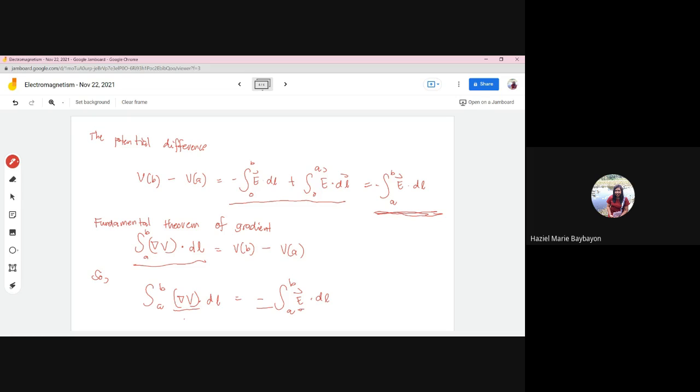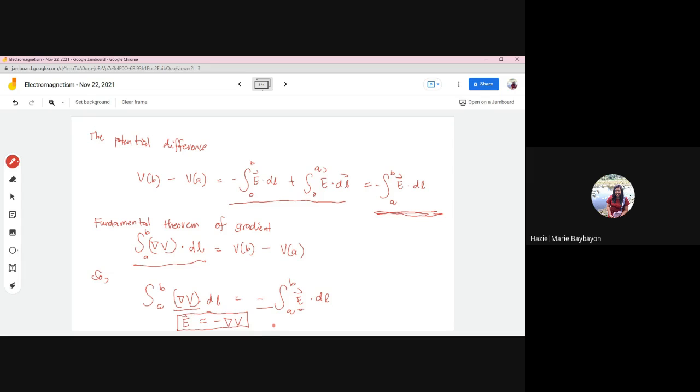So we can write E is equal to the negative gradient of V. Therefore, we have the electric field can be expressed as the negative gradient of a scalar. So the scalar is the potential, or the electric potential V.